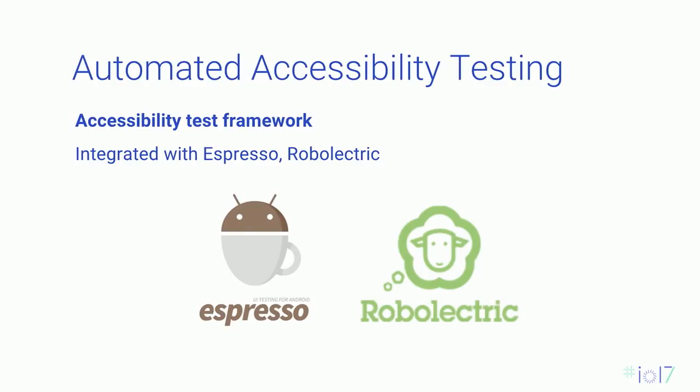We integrated this testing framework into two common test frameworks called Robolectric and Espresso. If you're already using those testing frameworks, you can simply turn on accessibility test functionality within those frameworks, and then you might see some of your tests start failing because they could have an improved accessibility.